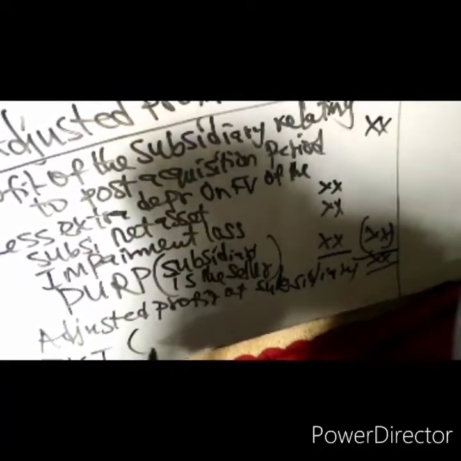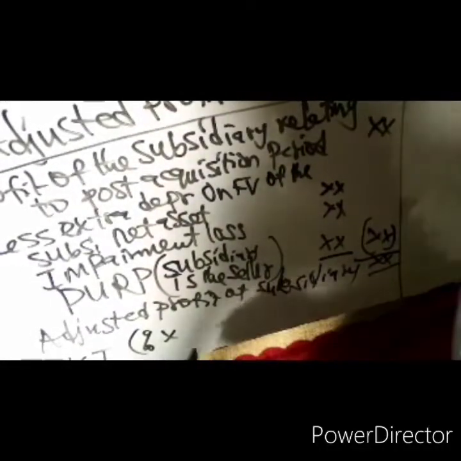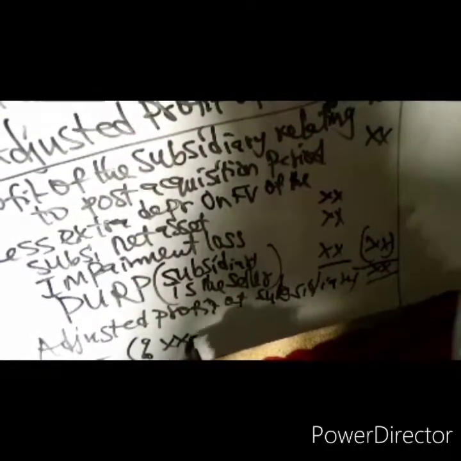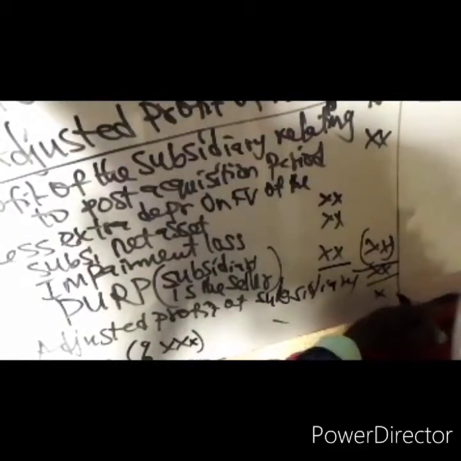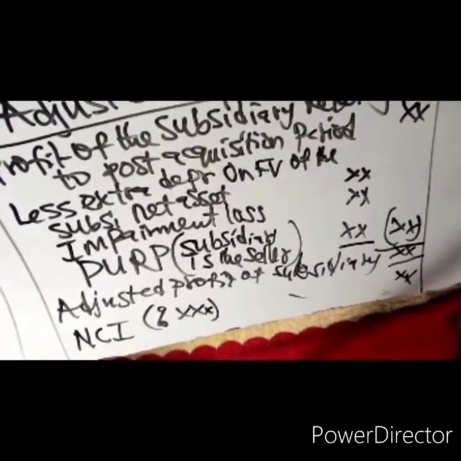Non-controlling interest will be the percentage attributable to NCI multiplied by the adjusted profit of the subsidiary. So you now get the amount of NCI that will appear in the consolidated statement of profit or loss.